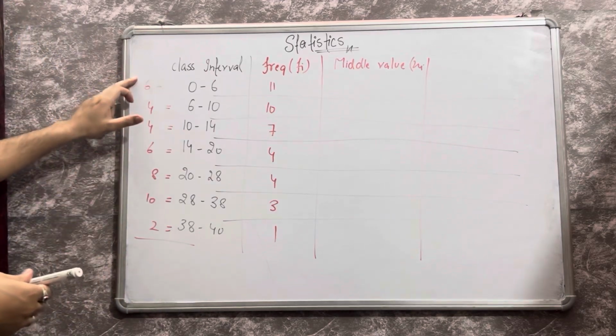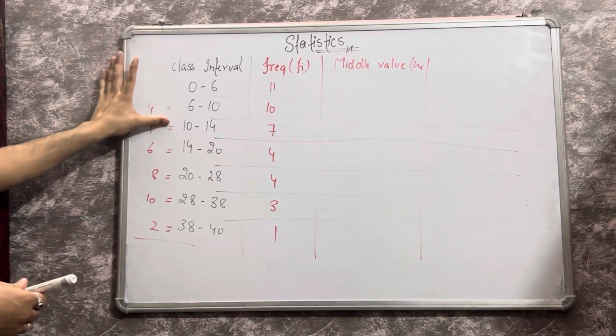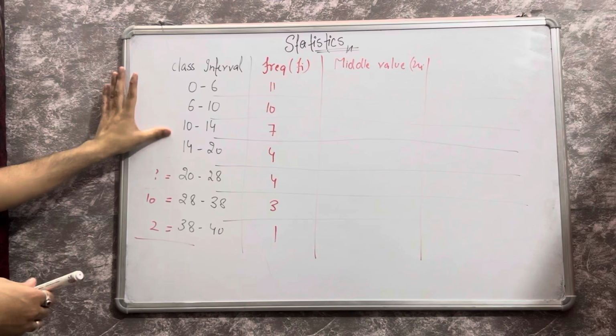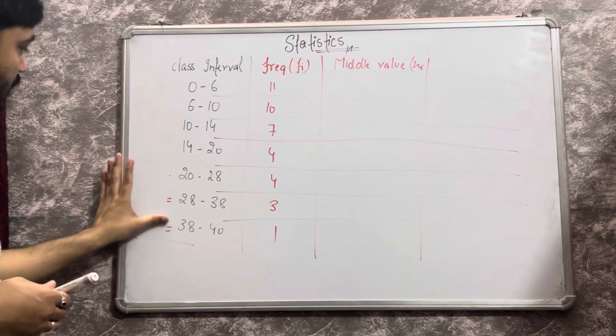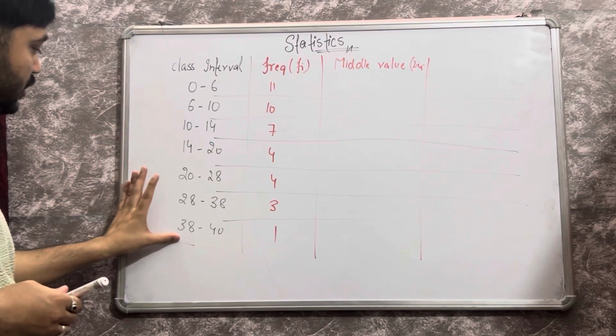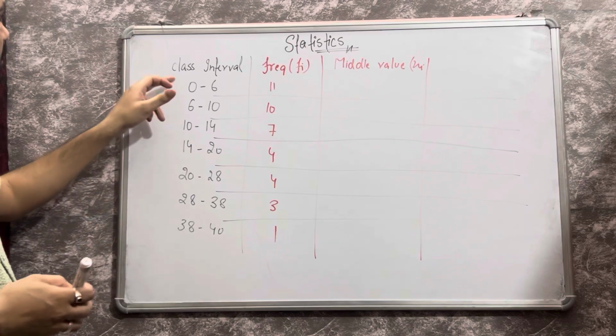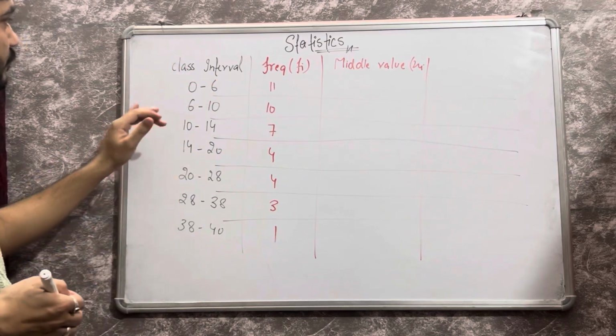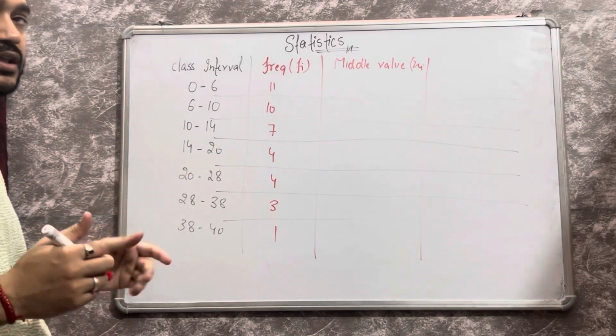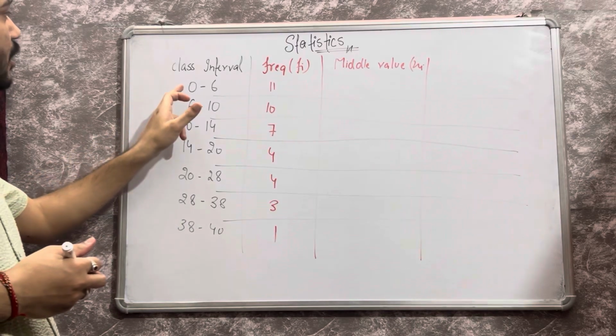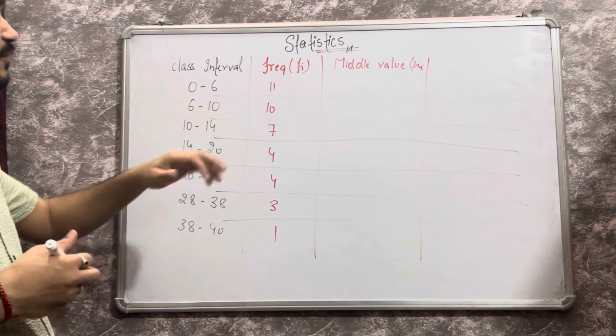But these values do not affect us because these values are just for the sake to find the middle value easily. Since class interval is given to us, we are going to find the middle value with the simple formula, that is lower limit plus upper limit divided by 2.